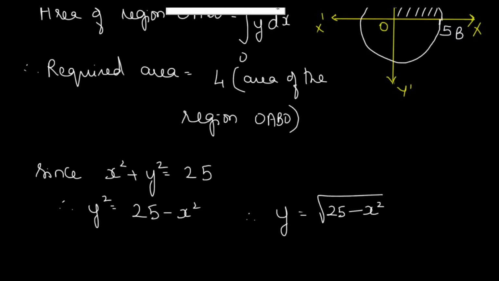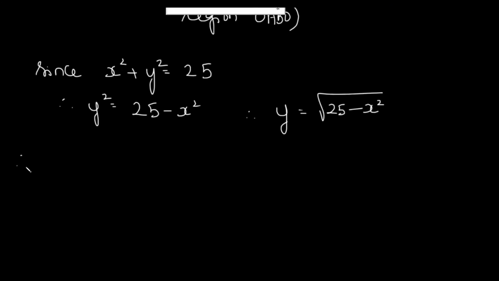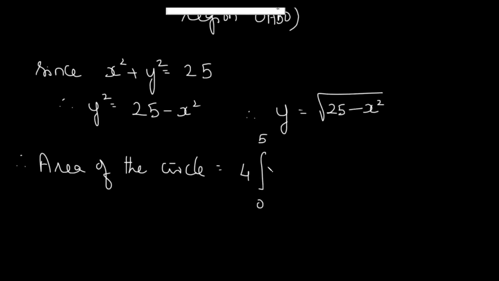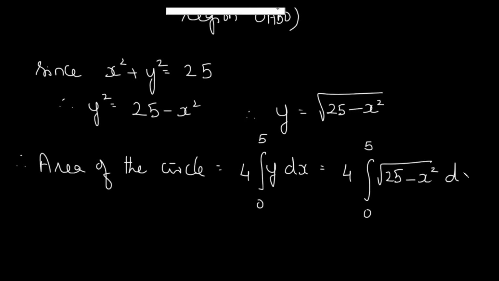So the required area, that is the area of the circle, is equal to 4 times integral 0 to 5 y dx. So in this case 4 times the integral 0 to 5 root of 25 minus x square dx. I hope you understood from where that 5 came and from where the 0 came.